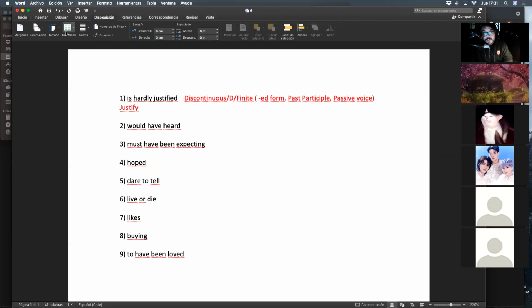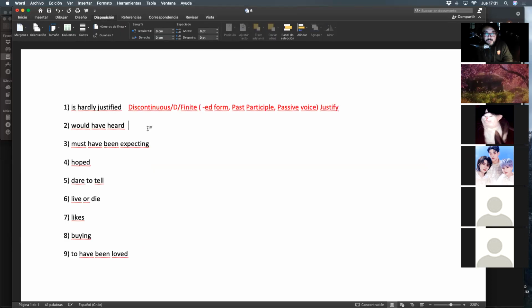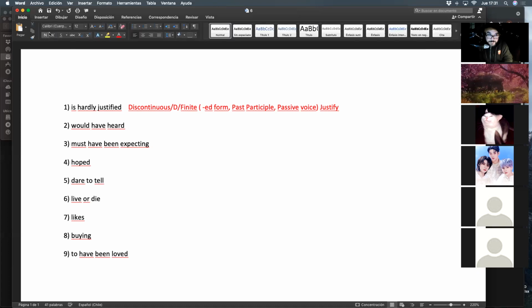Would have heard is complex. Complex, and then I can see the presence of a modal verb and have heard. That's the present of perfective aspect.